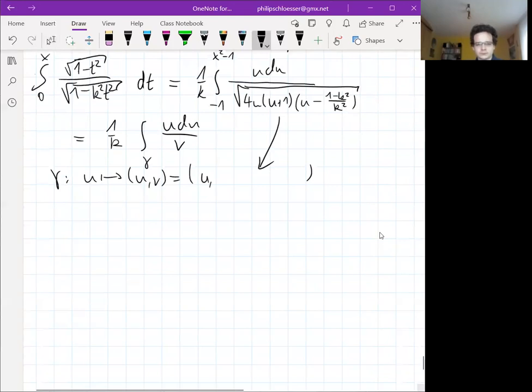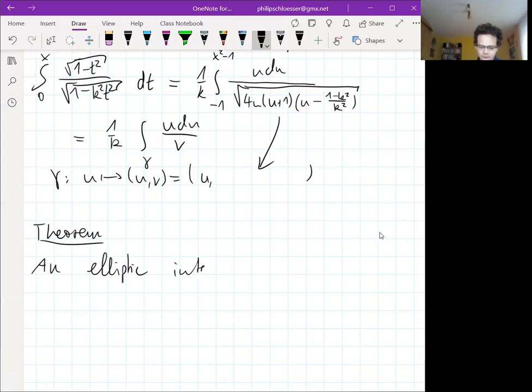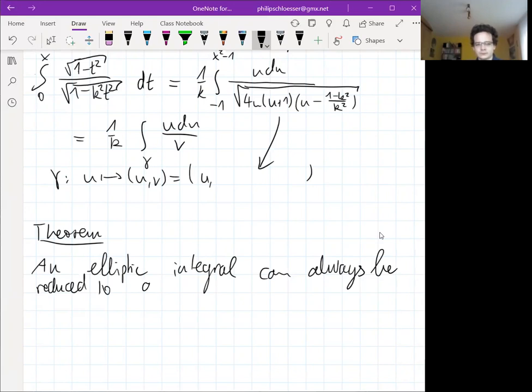And yeah, I guess it is a bit of a theorem that an elliptic integral can always be reduced to a linear combination of the following.